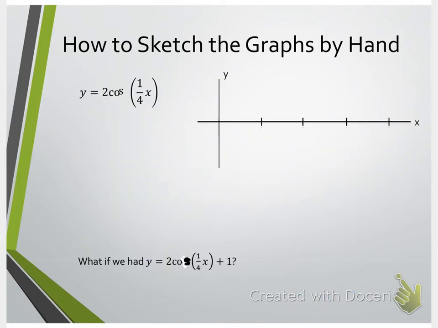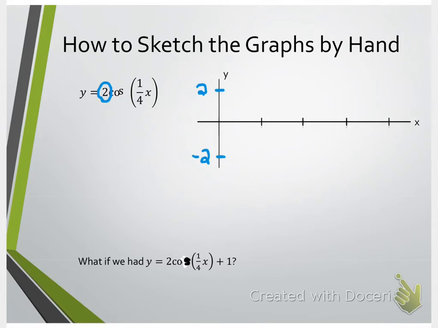All right, that's another cosine graph. Let's see. All right, remember how to start? Amplitude is 2. Need to know where to start and stop.